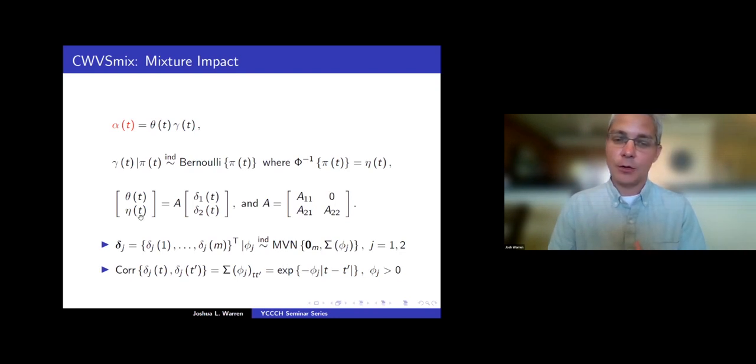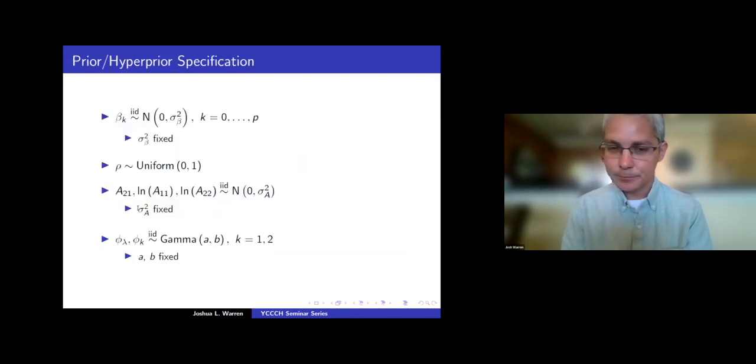We allow for cross correlation between the continuous and the binary piece. Not important to get into here. You can read back over it. I can share a paper with you if you want, or talk more about it offline. Essentially, there's some cross correlation, there's correlation across time, but this allows for smoothness in the regression parameter effects that we've been looking at, but also in the variable selection as well. And both of these things come together to define the critical window variable selection model.